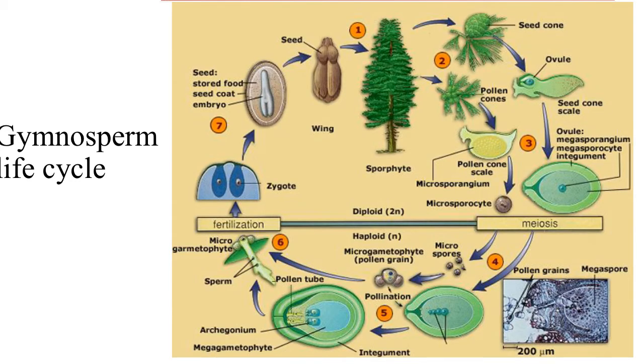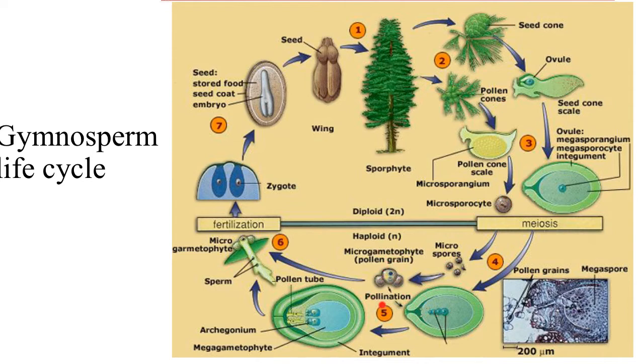Here's another image of the same thing. In some ways I like this image a bit better because it's easier to see how the male cone right here produces pollen. And so we have our pollen grains down here, and our female cone up here is going to be producing the megaspore. And if we look at the megaspore in here, we actually have our eggs.